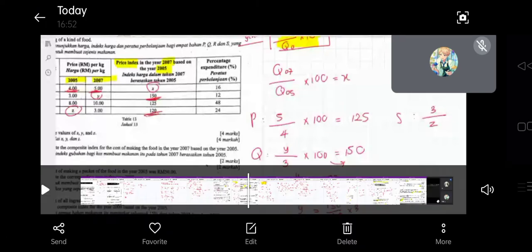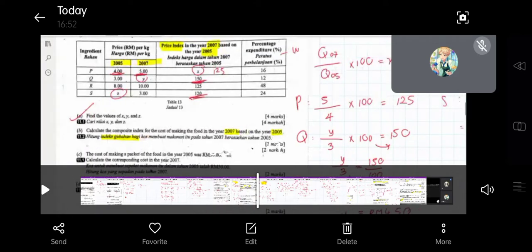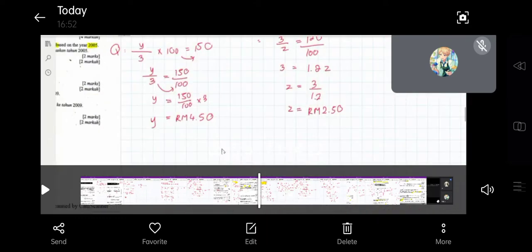There you go. Last but not least, it's z. How to find z? Same as usual. You just need to terbalikkan lah, because the substitute is different.